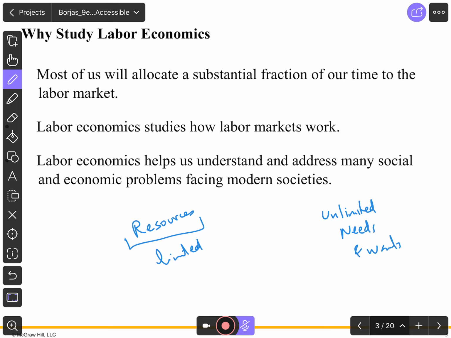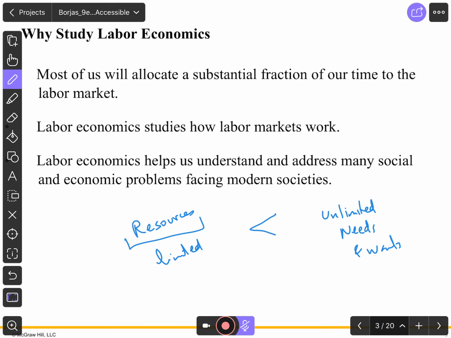So this is what we took in an introduction to economics course. Whether we are talking about an introduction to macroeconomics or an introduction to microeconomics, we always start with the economic problem where we have limited resources that are way below our needs and wants.